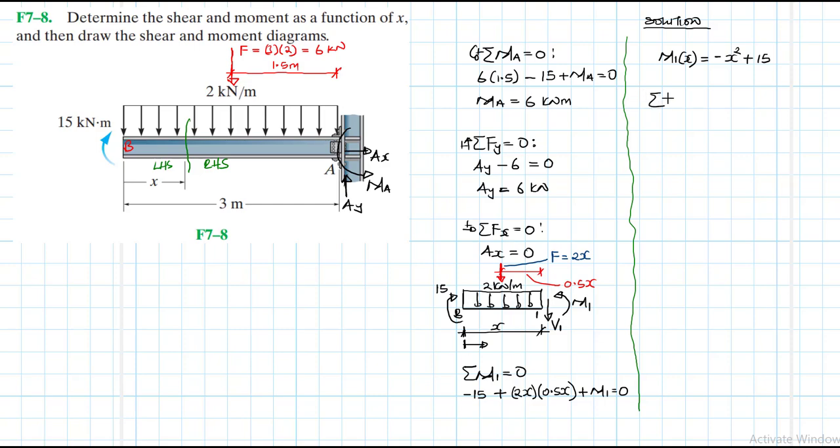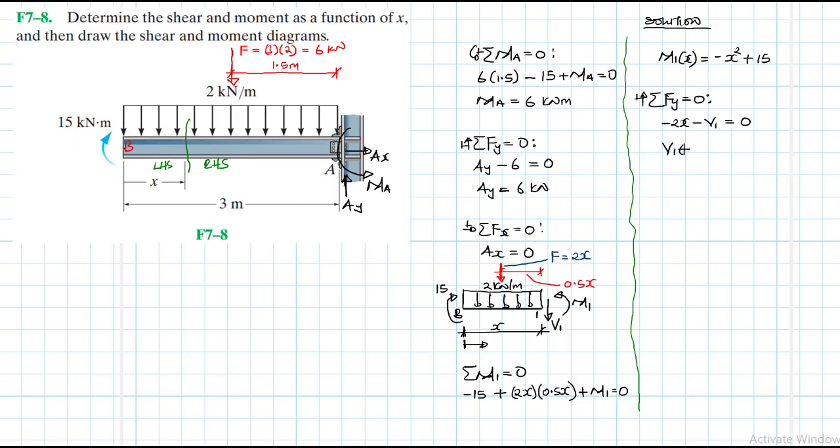Alright, then we have the summation of forces in the y equal to 0. What do we have? We have minus 2x minus v1 equal to 0.